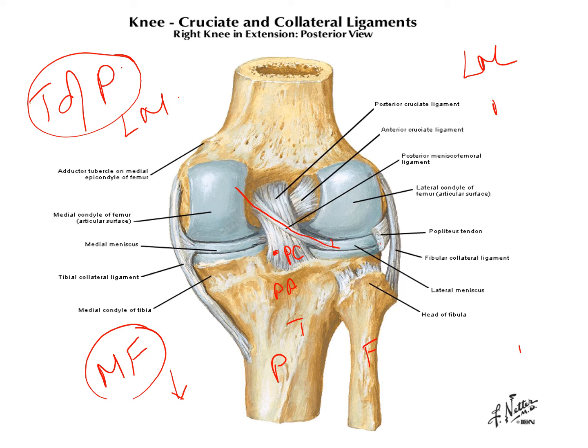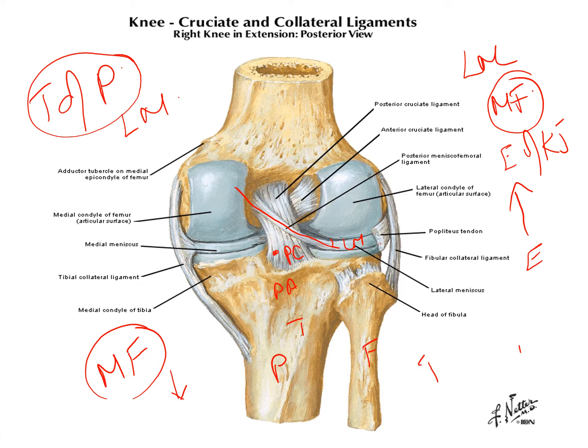Now what is the function of the meniscofemoral ligament? It protects the lateral meniscus. How does it protect the lateral meniscus? During extension of the knee joint, this meniscofemoral ligament actually pushes the lateral meniscus forward and protects it from being crushed during extension of the knee joint.